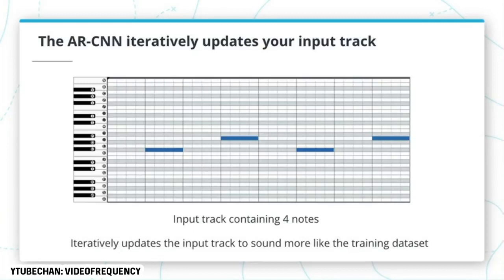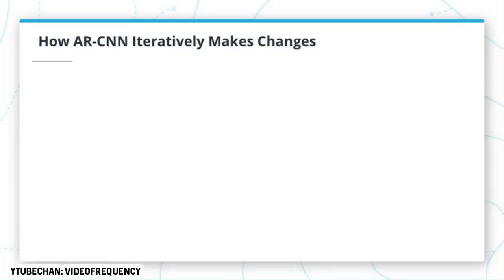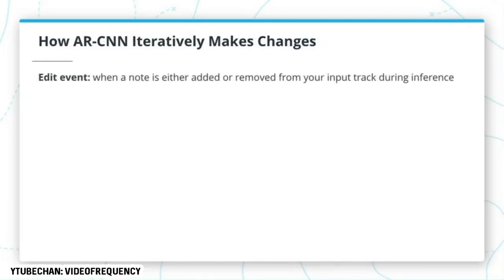We refer to these as edit events. So what are edit events? An edit event is when a note is either added or removed from your input track during inference. In the AWS DeepComposer Music Studio, you can set the maximum number of notes to be added or removed.